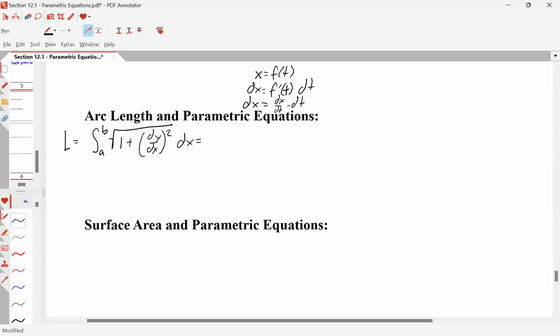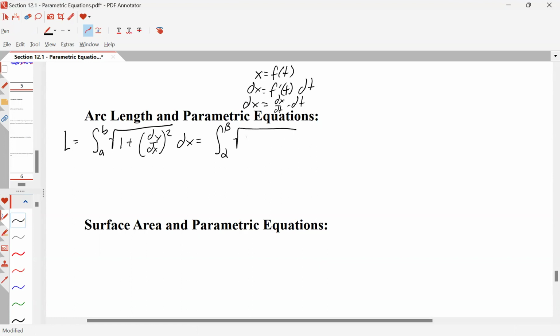So we want to switch this to be in terms of t. Well, then our bounds will change to be alpha to beta for whatever t is when x is a and x is b.